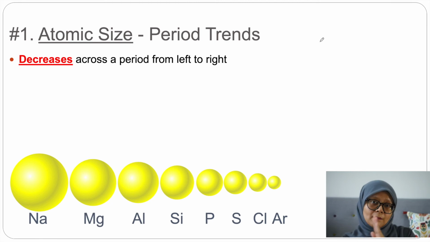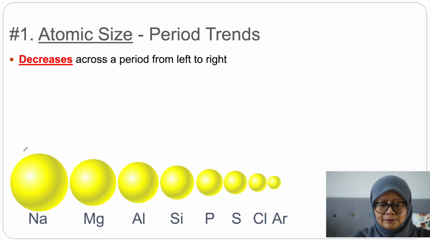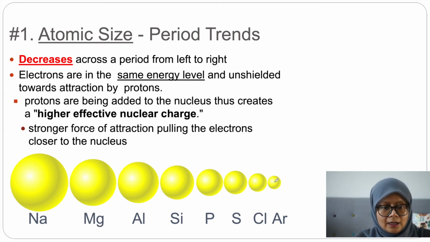The second one is the atomic size trend across a period. From left to right, the atomic size decreases. This is where we have period 2, from left to right. The electrons are in the same energy level and unshielded, towards attraction by protons.